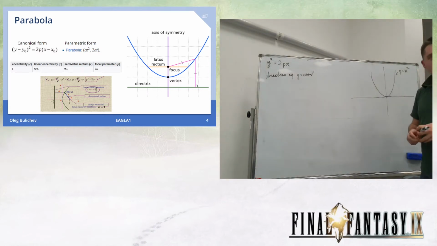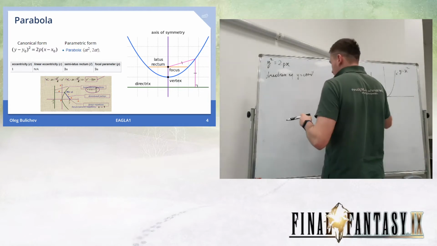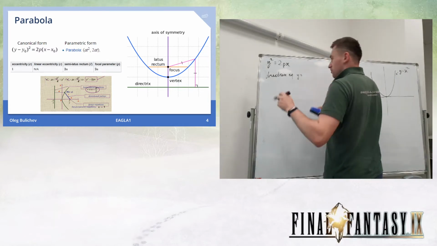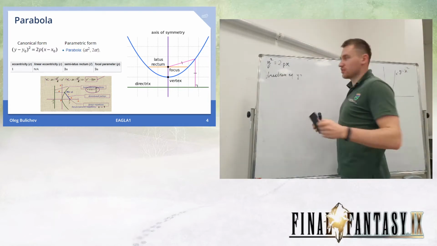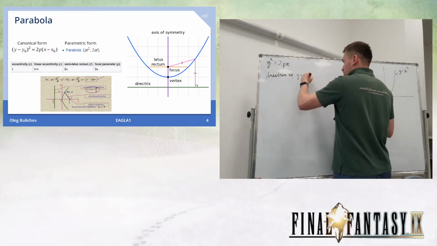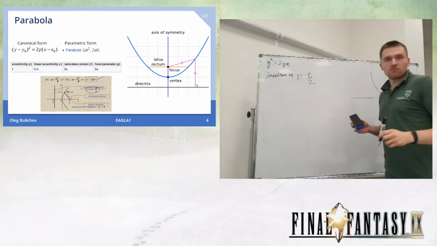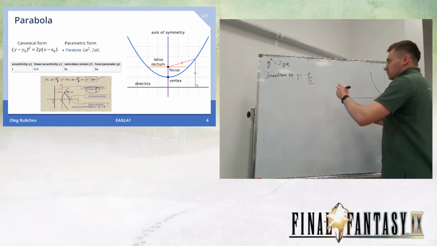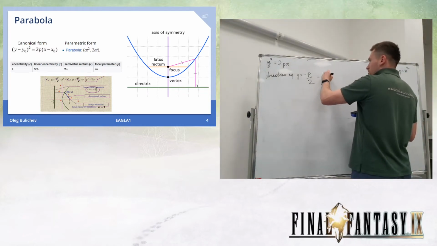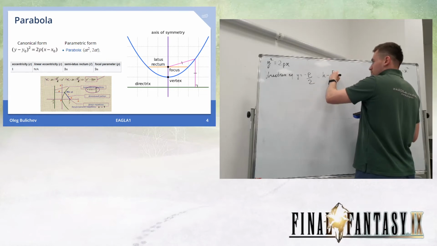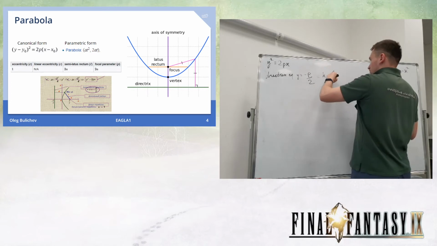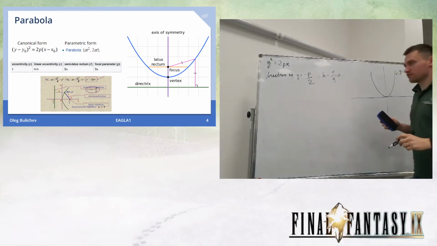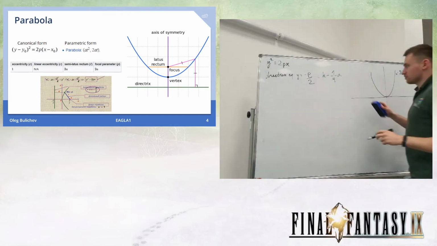k minus 1 over 4a. What did you say? So you say k minus 1 over 4a, like this, 4a in that image.